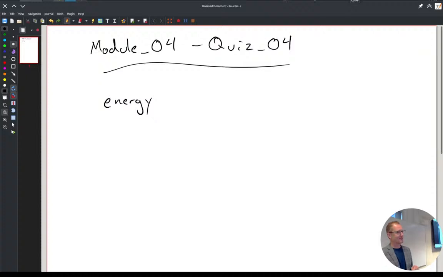Like kinetic energy. We had kinetic energy. So this could be like KE. And again, I called it T. If you want to call it something else, you can do that. So we had some kind of like translational and rotational kind of kinetic energy.